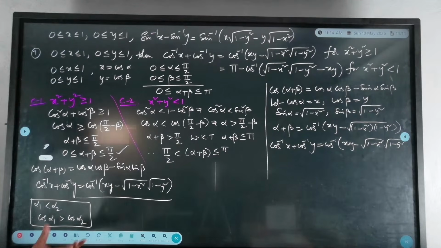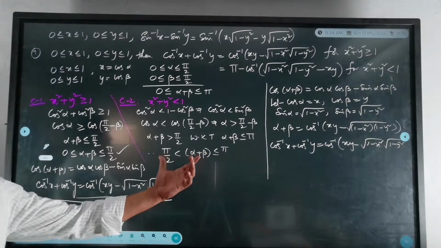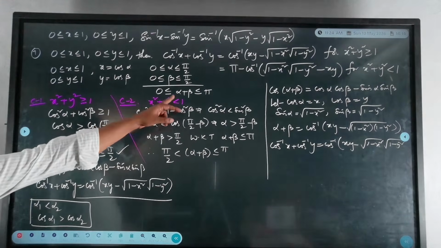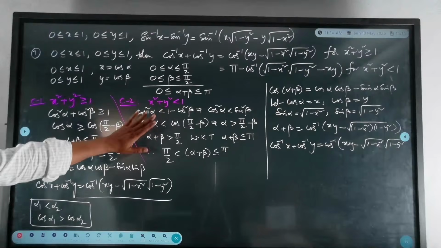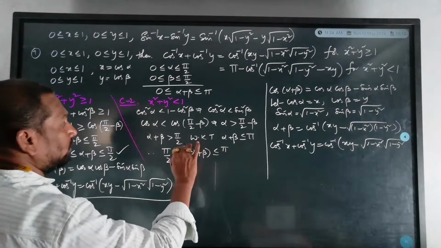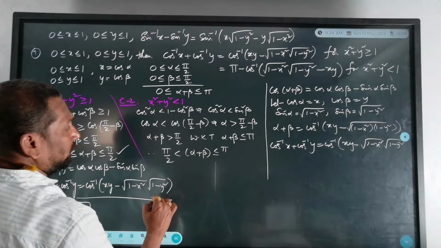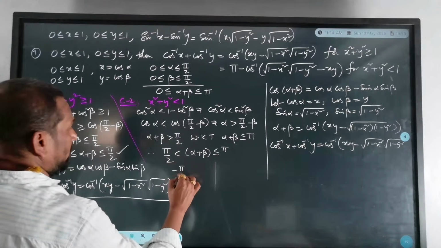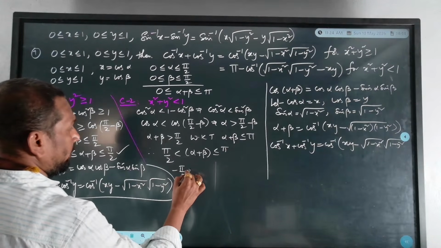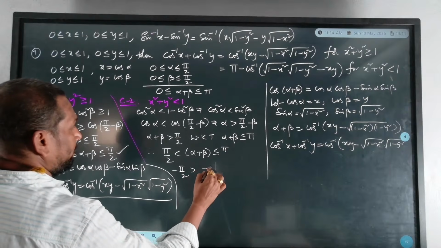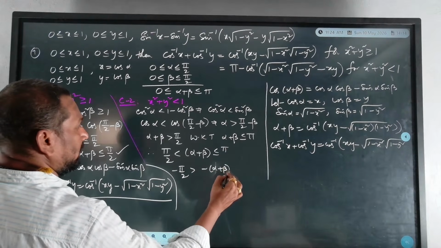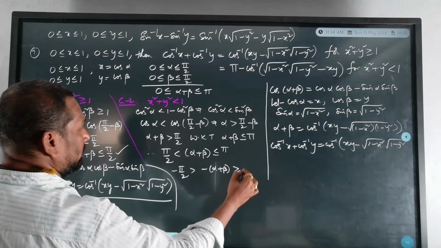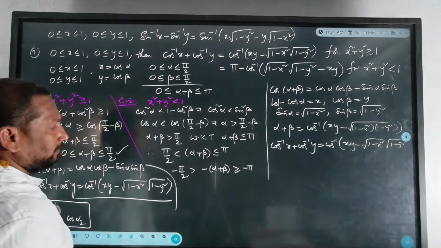But it is the second quadrant, where cos is negative. But here x square plus y square can never be negative, so it should be converted into the first quadrant. How can we convert this? Minus pi by 2 is greater than minus of alpha plus beta, which is greater than or equal to minus pi.